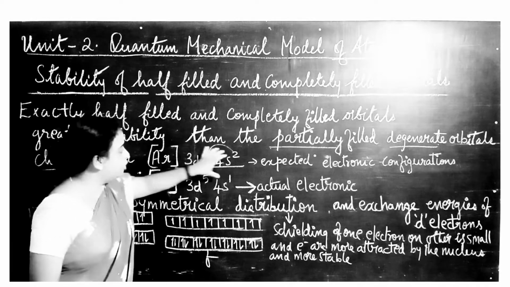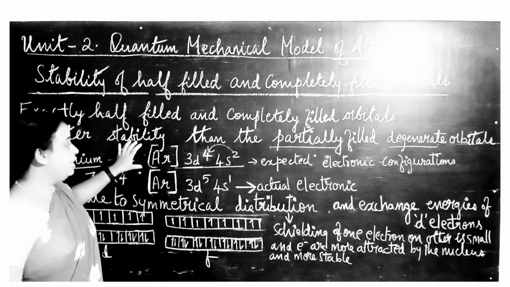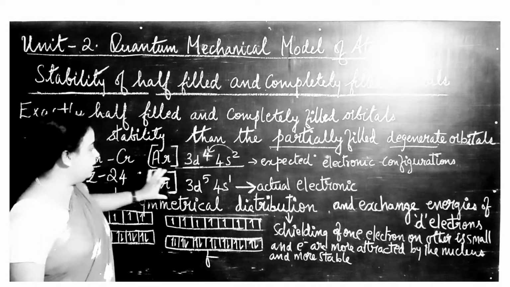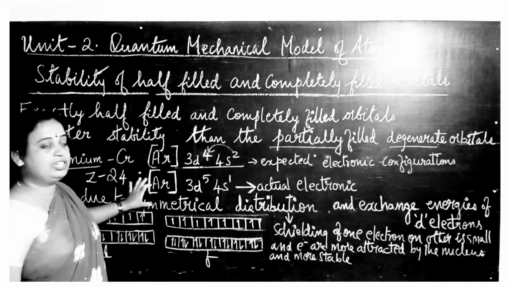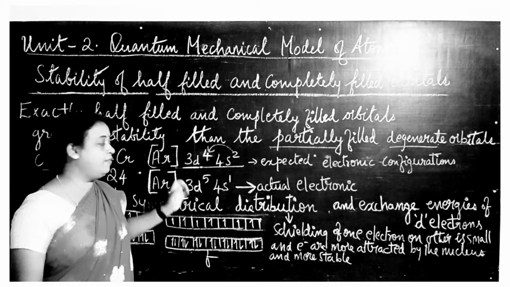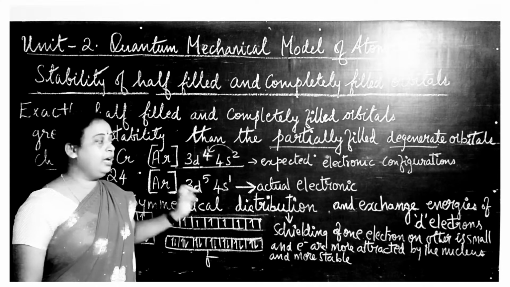So the first electronic configuration is unstable, they are partially filled d orbitals, whereas in the second case, for the actual electronic configuration, the d orbital is stable because of the symmetrical distribution of electrons in the 3d orbital.